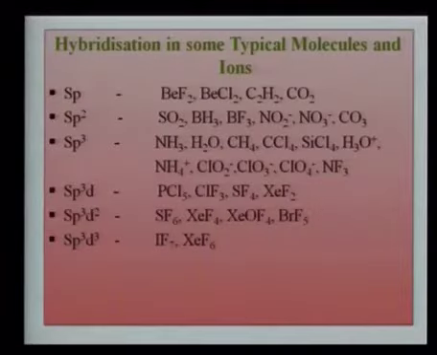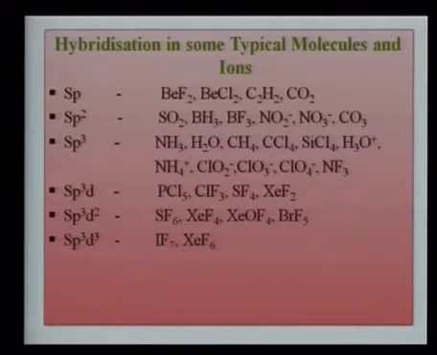Now the hybridization of some typical molecules is given over here. You will find here that sp means linear geometry, as in BeF2, BeCl2, C2H2, CO2. sp2 means planar triangular: SO2, BH3, BF3, NO2, NO3 minus, CO3 2 minus. sp3: ammonia, water, methane, CCl4, SiCl4, H3O plus, NH4 plus, ClO2 minus, ClO3 minus, ClO4 minus, NF3.